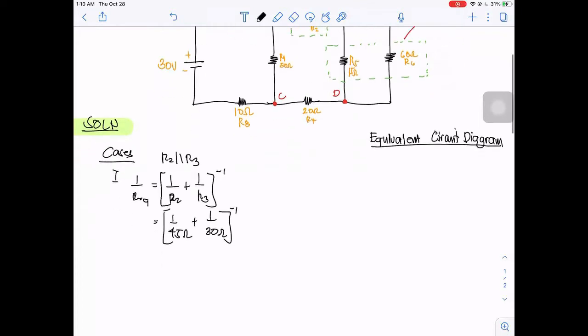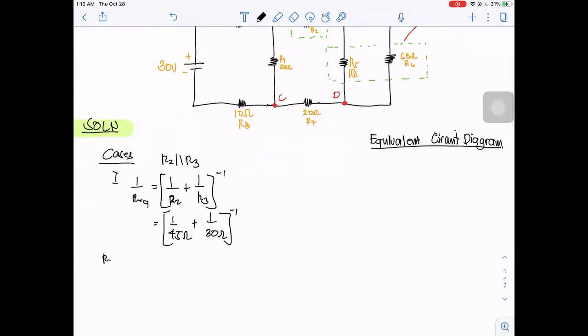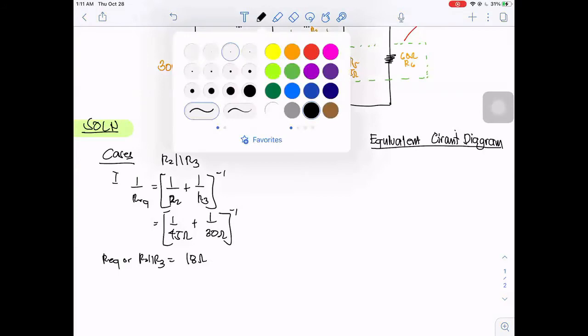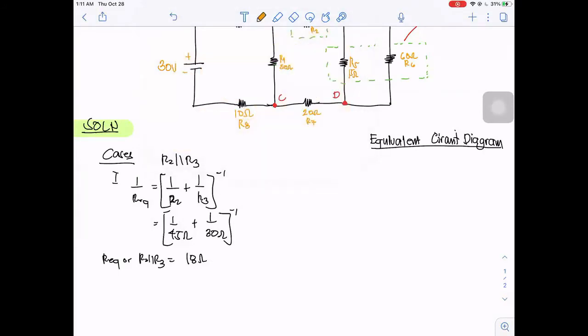So this R2 parallel R3 is equivalent to 18 ohms. If you have your calculator, you can check the answer. So let's label this one.